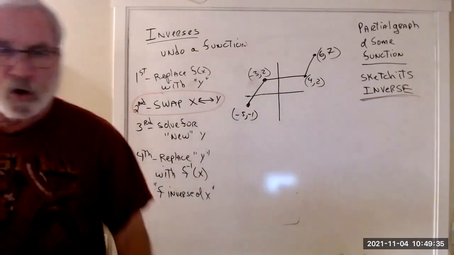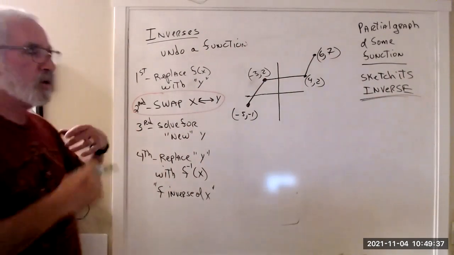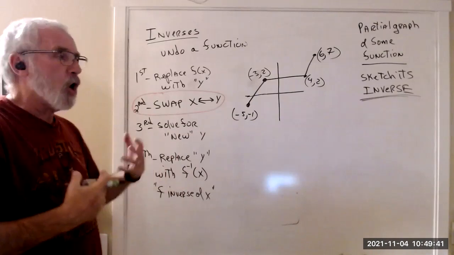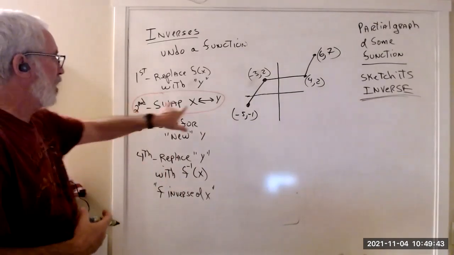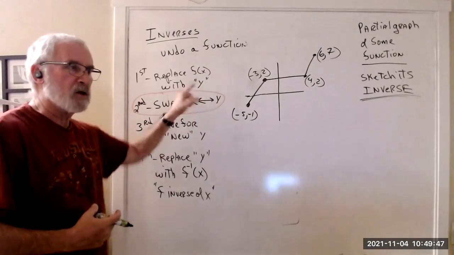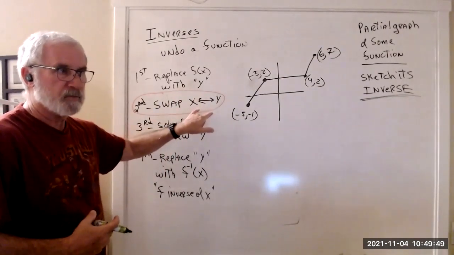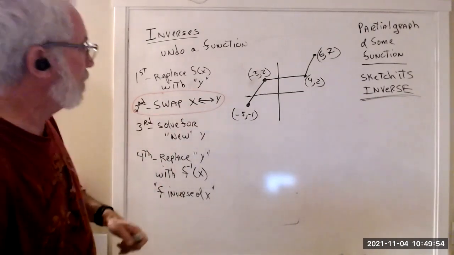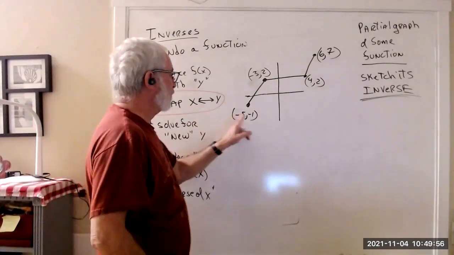In all inverses, whether we do it with math rules, functions, and stuff like that, or whether we do a sketch, the X and the Y will always be swapped. Always. Okay. What's that mean? Well, this is the point -5, -1.